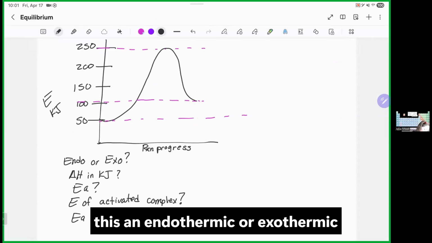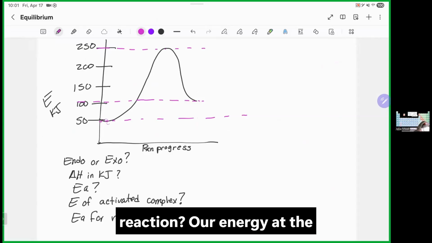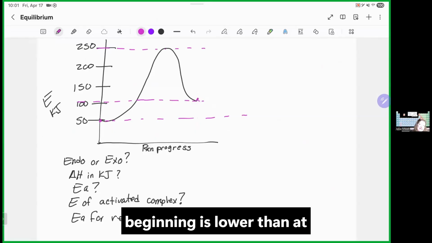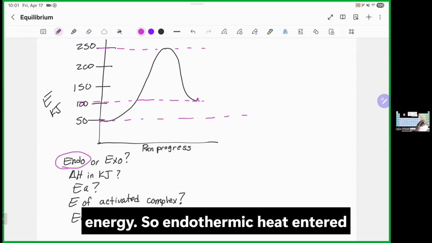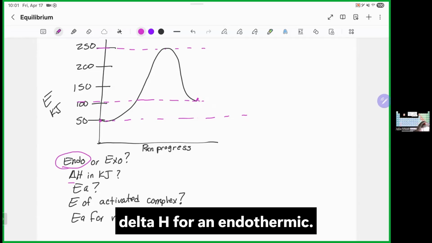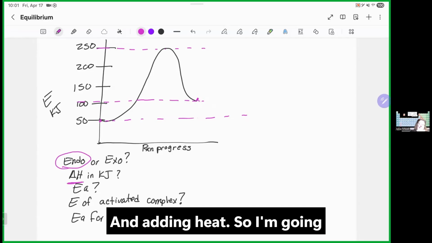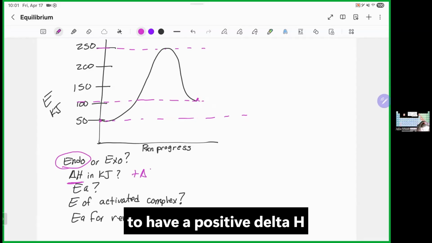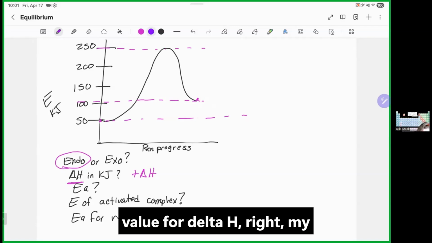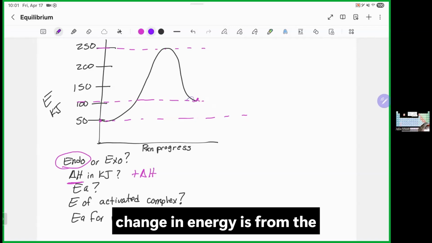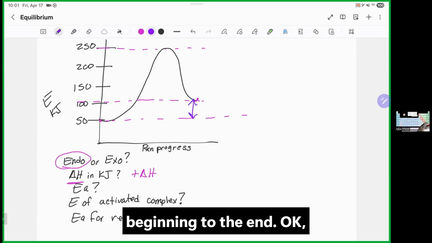endothermic or exothermic reaction? Our energy at the beginning is lower than at the end, so we added energy, so endothermic, heat entered. For an endothermic reaction, I'm adding heat, so I'm going to have a positive delta H. Now, if I look at the value for delta H, my change in energy is from the beginning to the end.